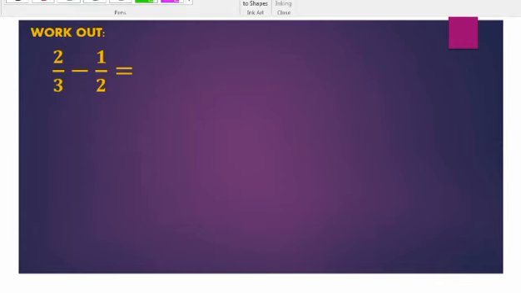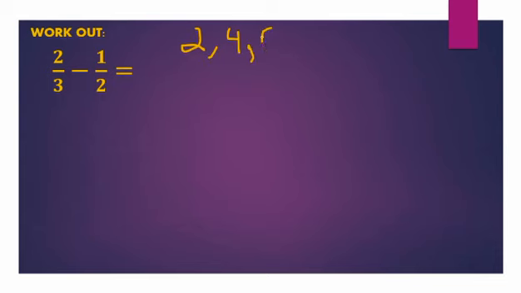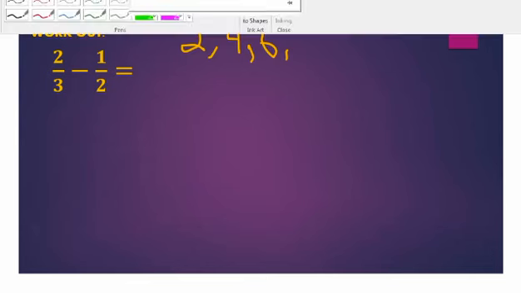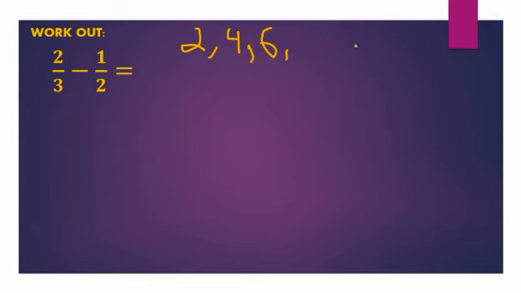So the multiples of number 2 are, I will write here, 2 and 4, 6, 8, 10, and continue.